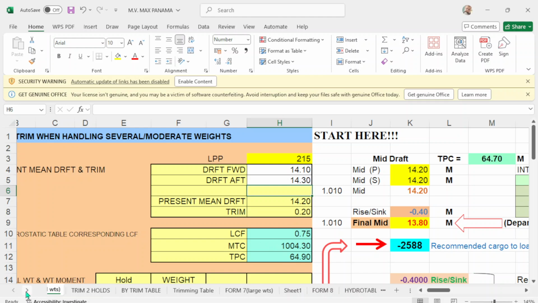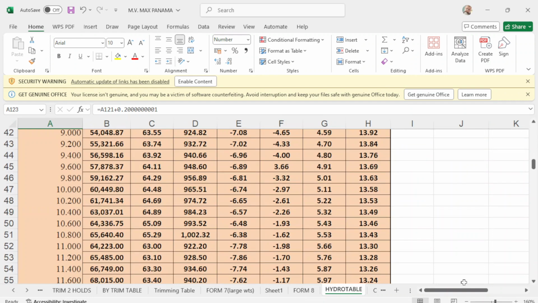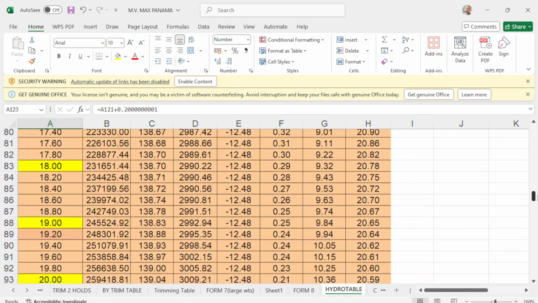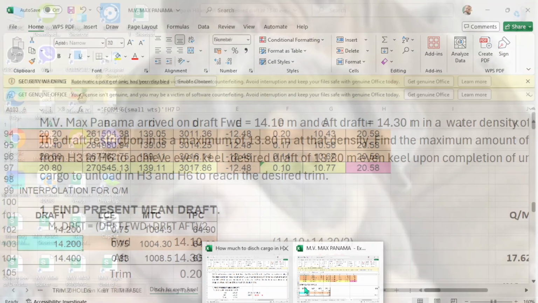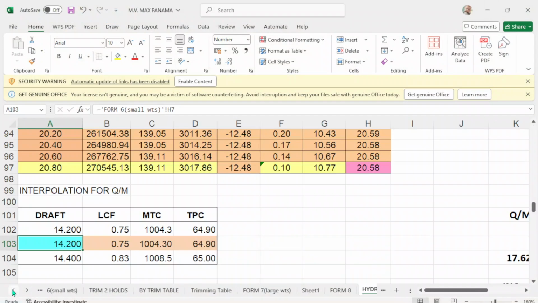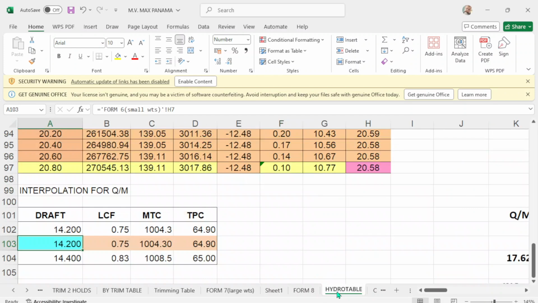You go to the hydrostatic table and go up this table, and there you have the draft of 14.20. Mean draft was 14.20, so you go to the table again and put here 14.20, and this is what we are looking for.